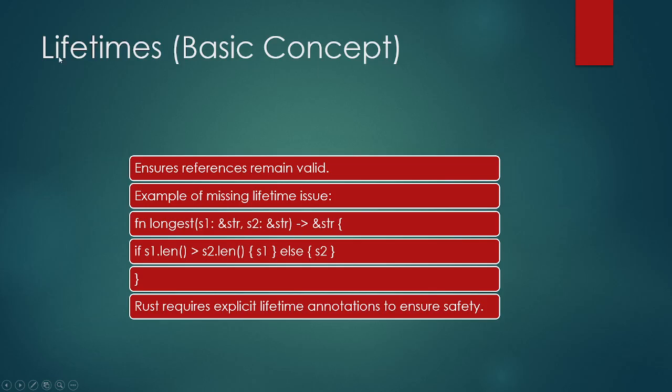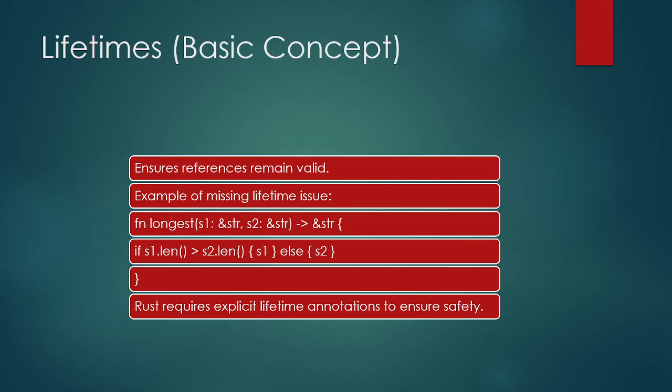Next, lifetime is a very important concept in Rust. With the help of lifetime, we ensure the references remain valid. Here is an example of missing lifetime issues. Sometimes it becomes very difficult for the Rust compiler to identify which reference will go out of scope.